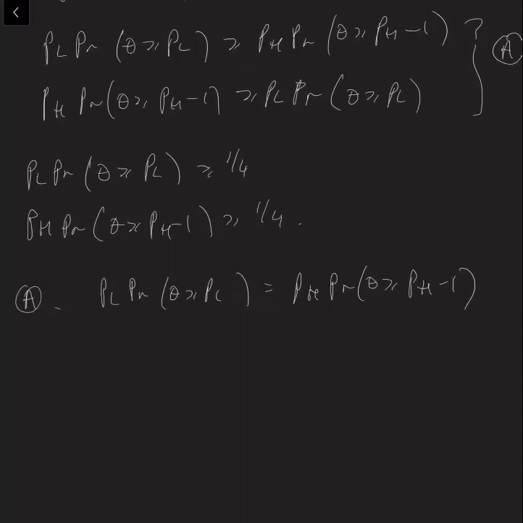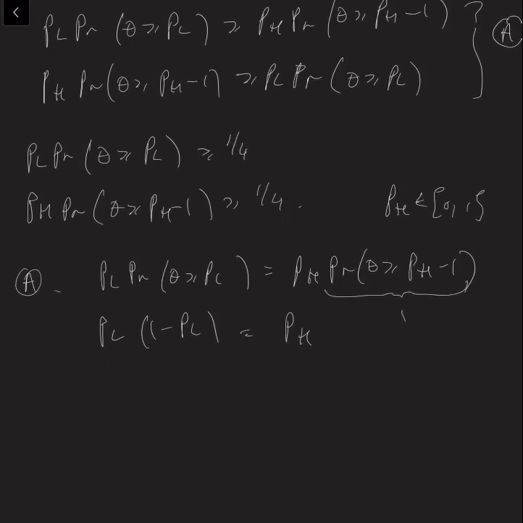Now notice that this expression is always 1, because again PH is in [0, 1], and for the entirety of this range this probability is going to be 1. So this is what A reduces to basically.